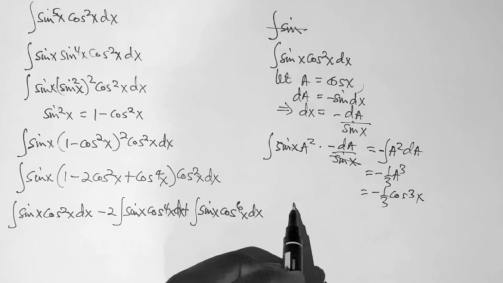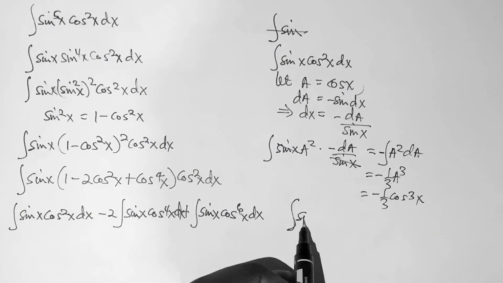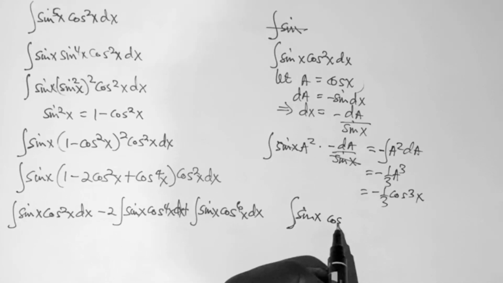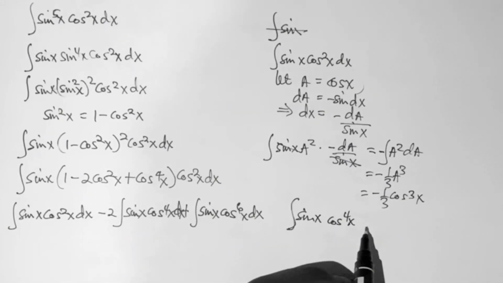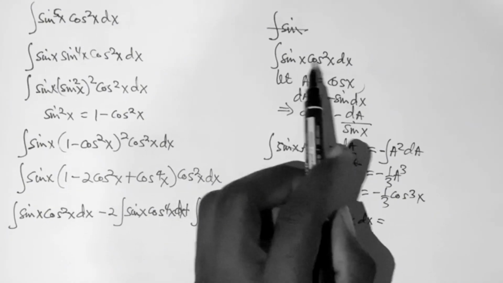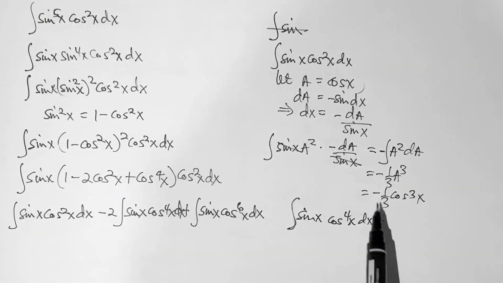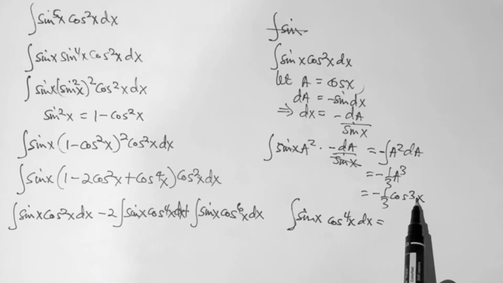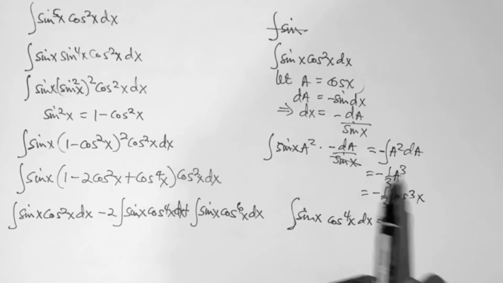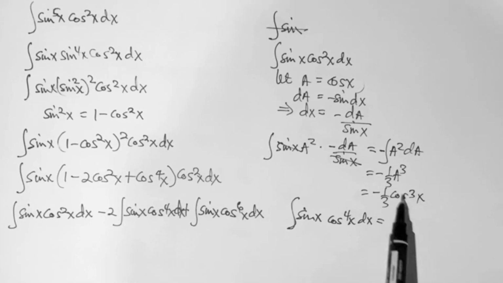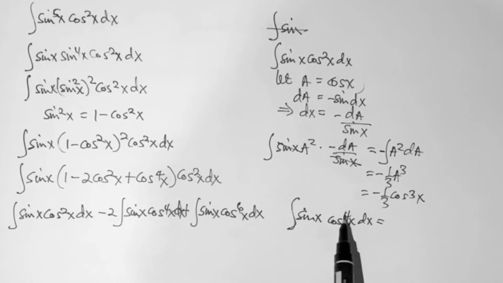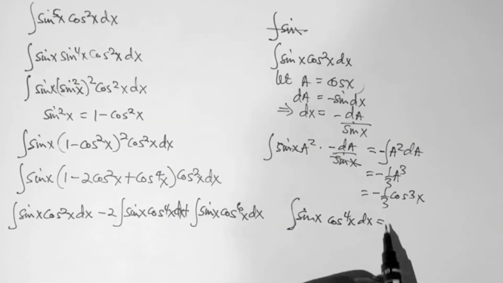So this means that integral of the second one, sin x cos^4 x dx, will be equal to, here was sin x cos^2 x, and we got minus 1 over 3 cos^3 x. So you see that the squared was plus 1 and it became cubed divided by 3. So that means that this 4 will become plus 1, will become 5.